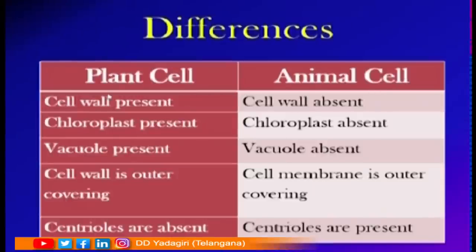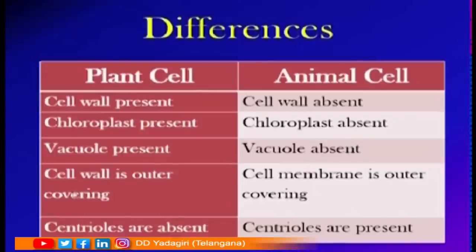In a plant cell, cell wall is present, animal cell, cell wall absent. Chloroplast present in plant cell, chloroplast absent in animal cell. In plant cell, vacuoles present and animal cell vacuoles absent.